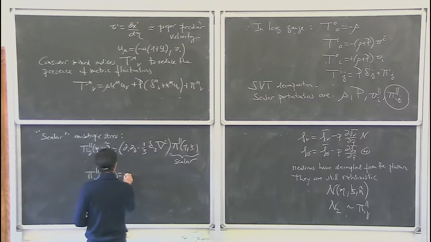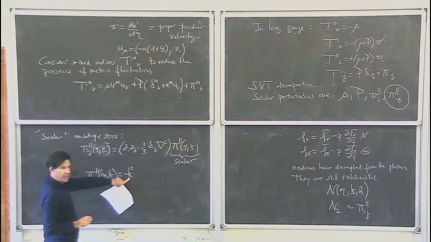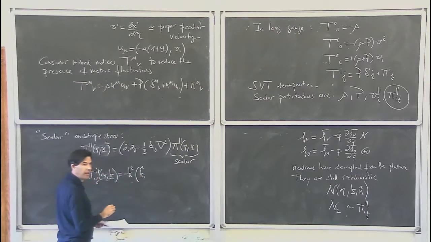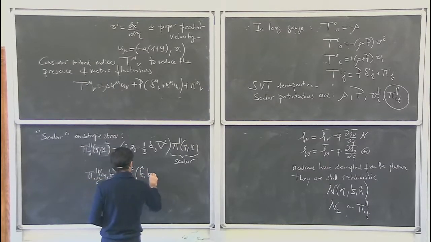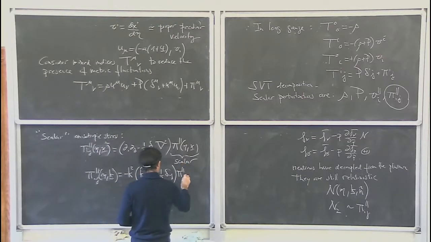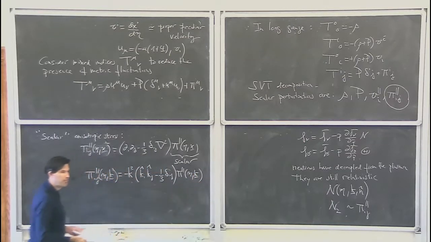So I will get a minus sign. Then there is a k squared modulus, which I want to take out. And then I have just the unit vector k_i k_j minus 1/3 delta_ij, and then I have the Fourier transform of this function, okay?